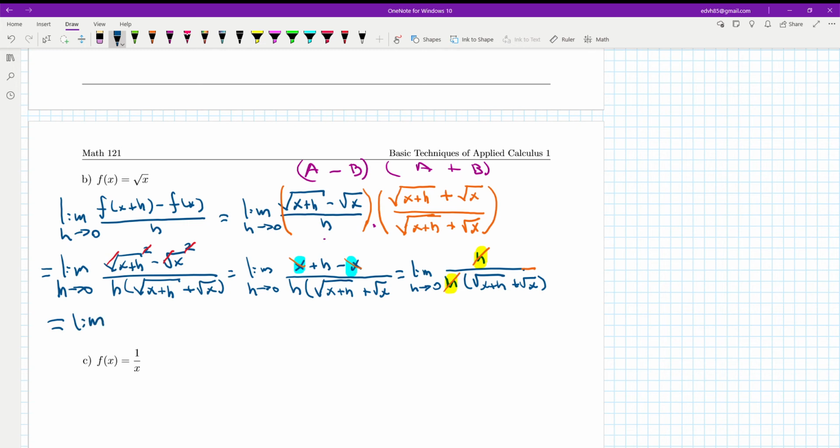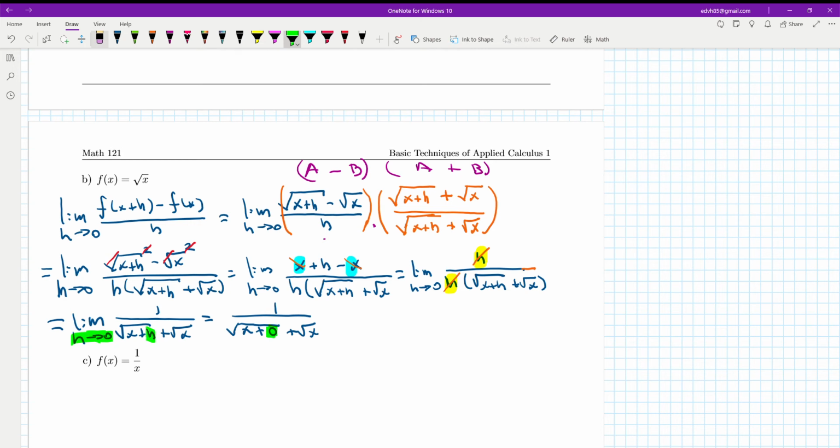So we're left with the limit of 1 over the square root of x plus h plus the square root of x as h approaches 0. And we're good to go and plug in h equals 0. That is the square root of x plus 0. All right, so what are we doing here? We're plugging in h equals 0 over here.